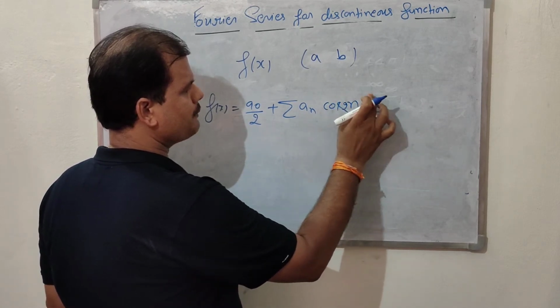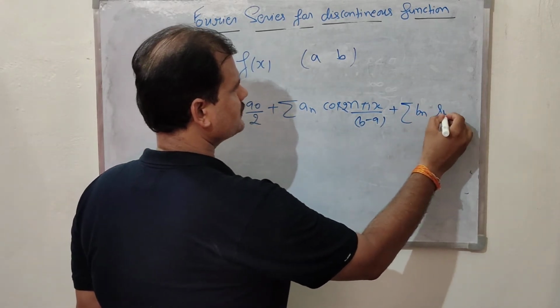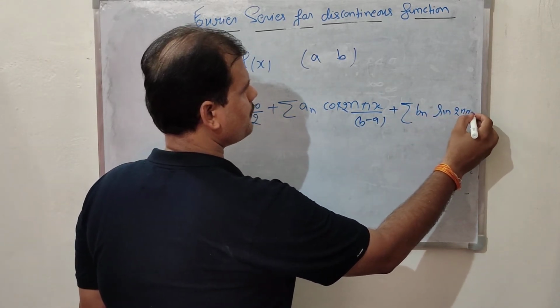So cos 2 n pi x by b minus a, plus summation bn sin 2 n pi x by b minus a.